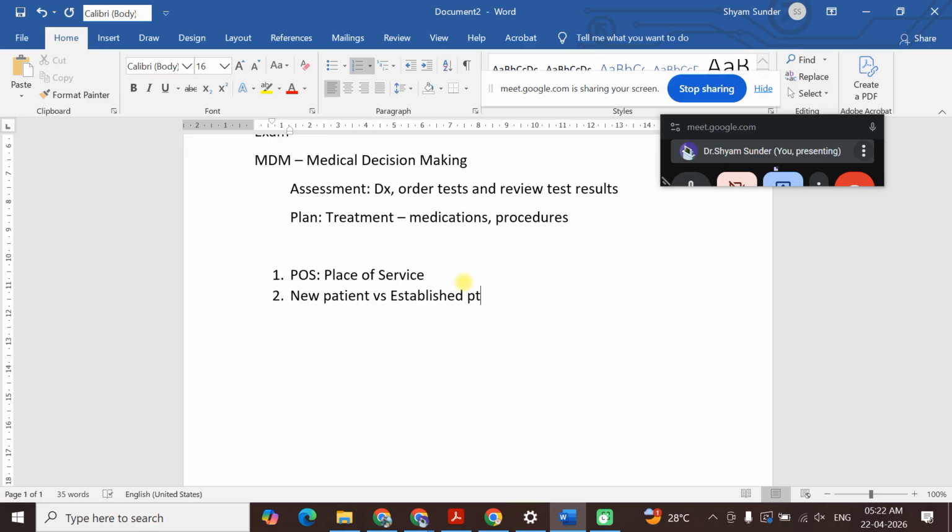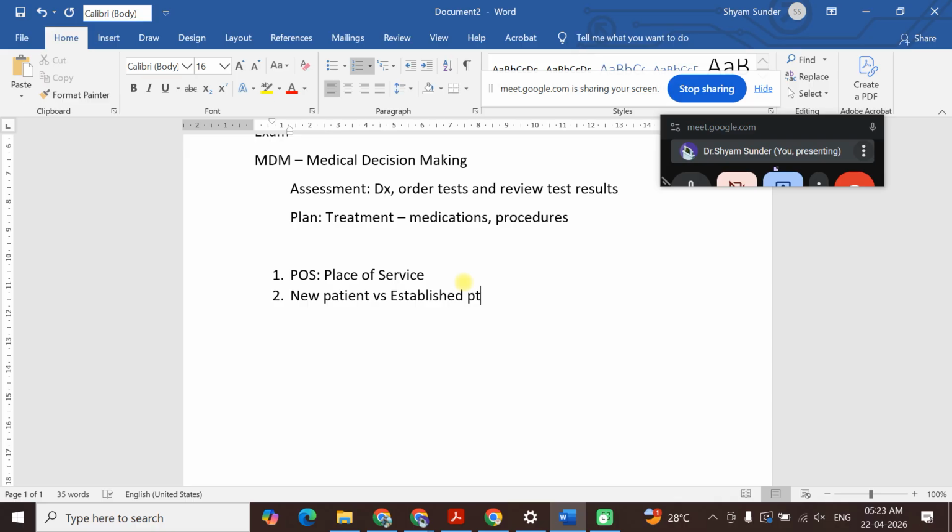I'll give an example. The patient was here in the clinic in 2020. After that, he never returned. But today he is here. The same patient. His last visit was in 2020. Now today the patient is here with pain in the leg.